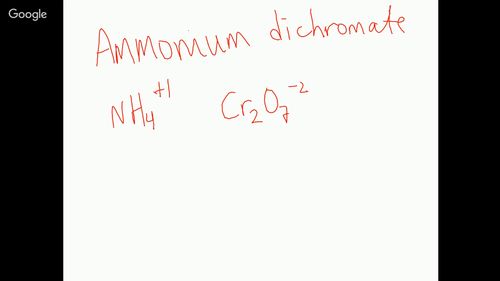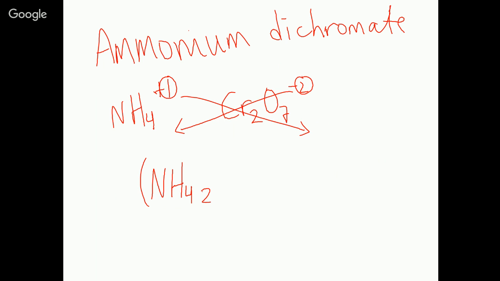We don't have equal charges, so we crisscross. The 1 comes over to dichromate, and the 2 from the -2 charge comes down for ammonium. Because we're putting a 2 to indicate there are 2 ammoniums, we need to put ammonium in parentheses. Dichromate, there's only 1 of them, so we can leave it alone and just have Cr2O7. That's it.